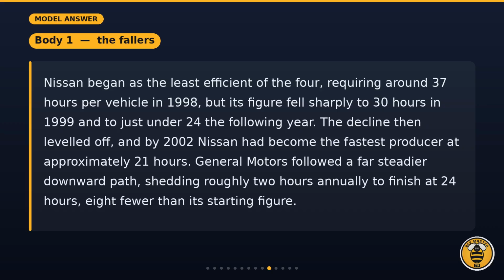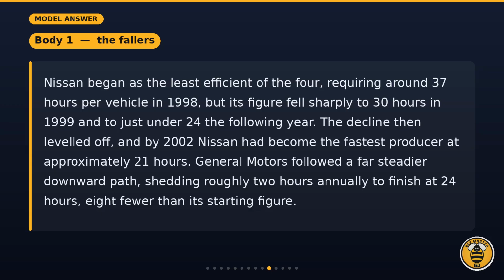Body paragraph 1. The fallers. Nissan began as the least efficient of the four, requiring around 37 hours per vehicle in 1998, but its figure then fell sharply to 30 hours in 1999 and to just under 24 hours the following year.